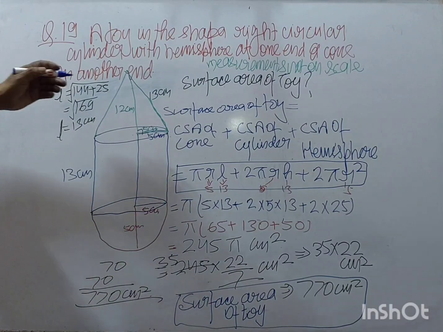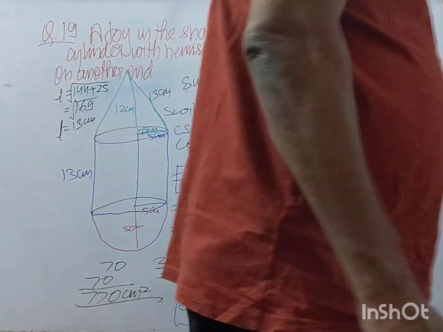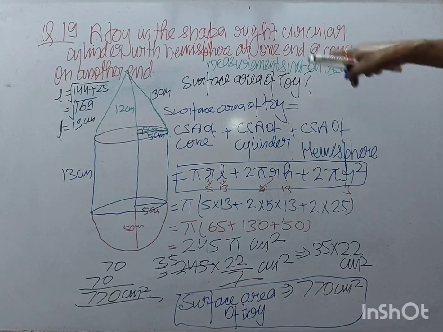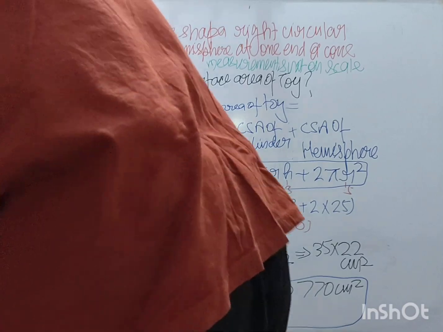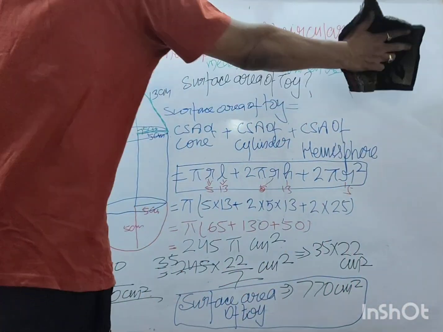This is the toy, and this is how we will get the surface area. These are the formulas, right? Okay, what next do you have? Question 18. Come to 18.